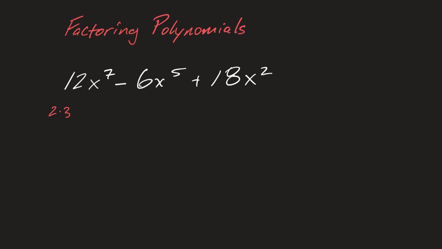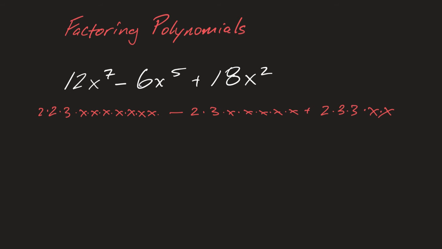I have 2 times 2 times 3 times x times x times x times x times x times x times x, that's 5, 6, 7, minus 2 times 3 times x times x times x times x times x, plus 2 times 3, which is 18, times x times x.